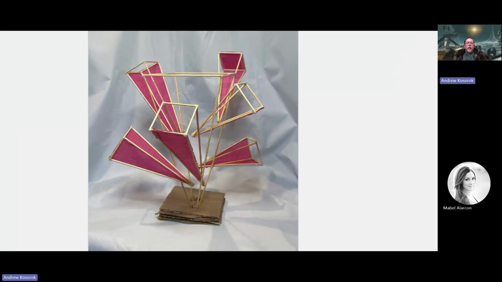This one is really interesting to me because it challenges a lot of expectations. My initial thought on my first response to this is I can see why it needs a base because this principal four-sided or five-sided pyramid is upside down and it needs something for the point to rest on. But having it out of stacked cardboard really goes against everything else and it really detracts.